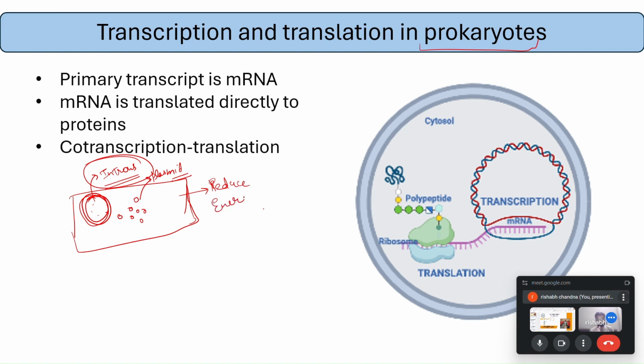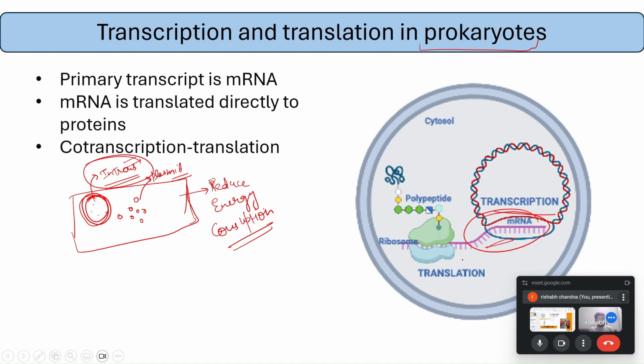As we can see, transcription directly yields the mRNA. In prokaryotes, as I discussed, there are no introns, so this mRNA is directly formed without any processing involved.